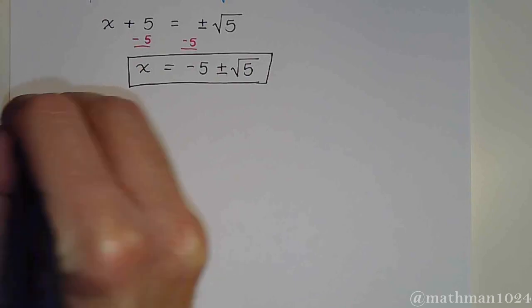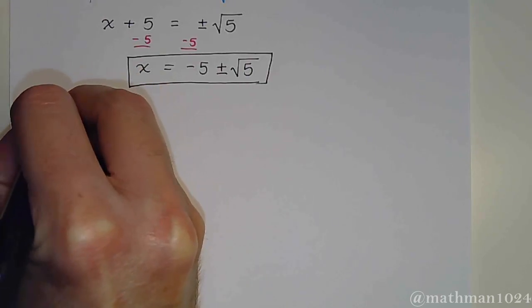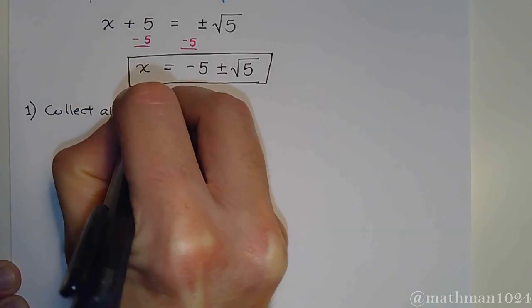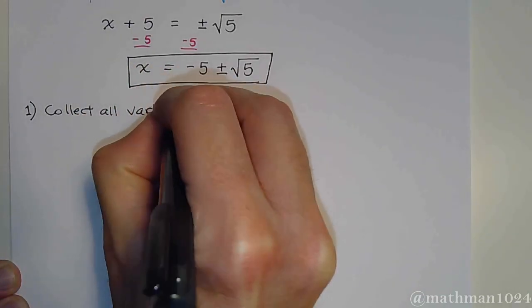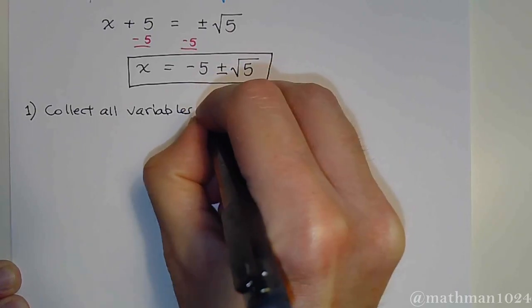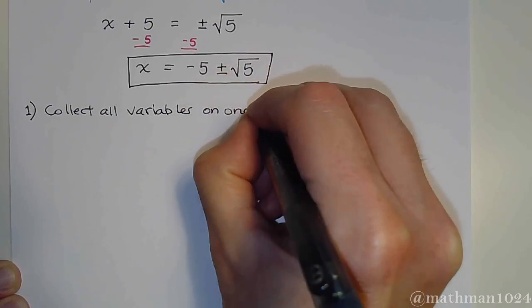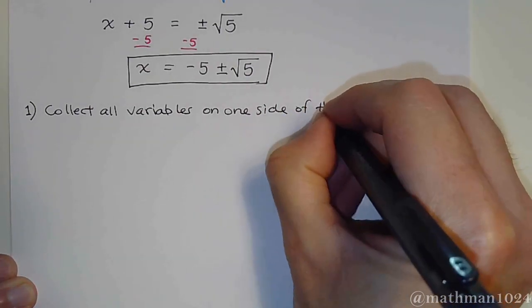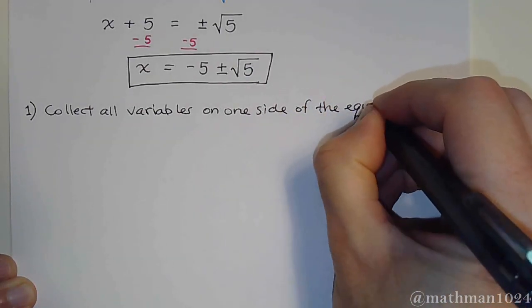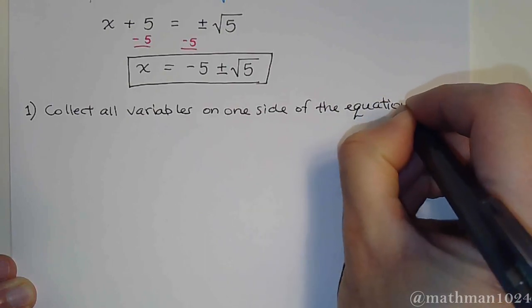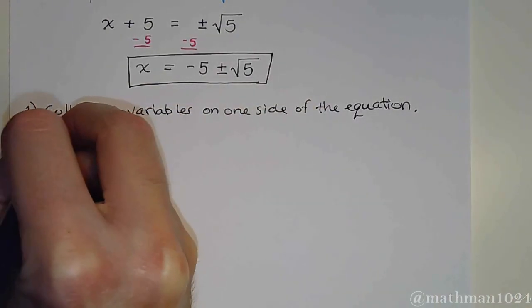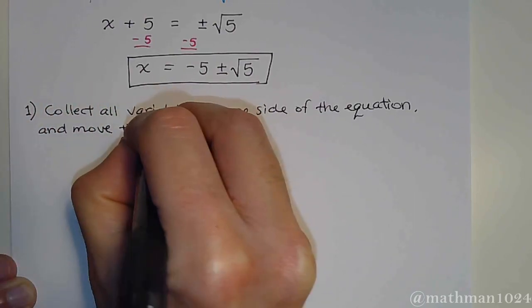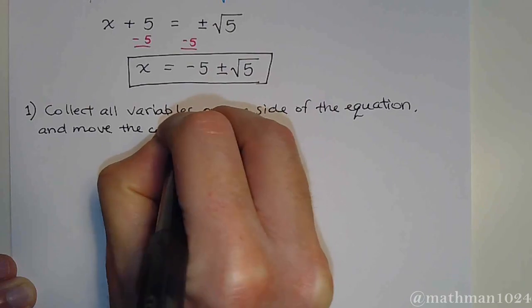The first step for completing the square is to collect all variable terms on one side of the equation and move the constant to the other side.